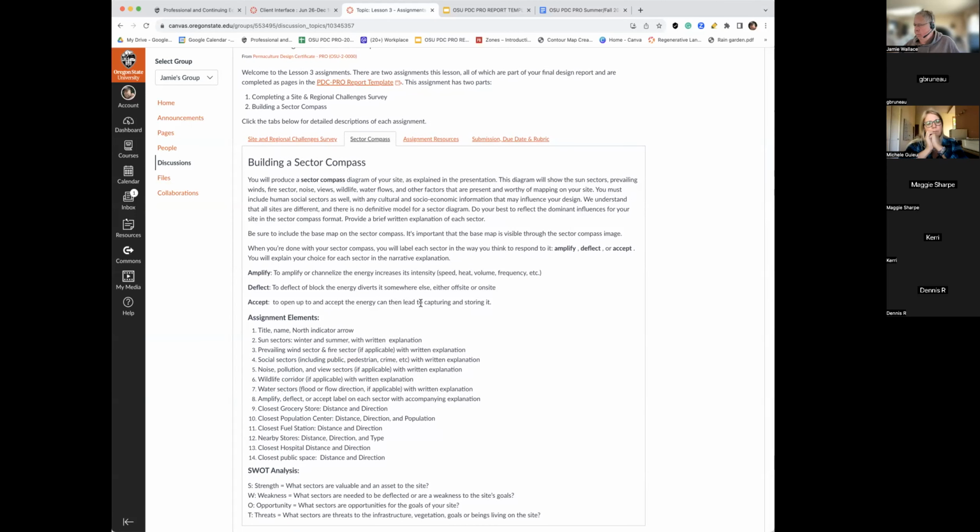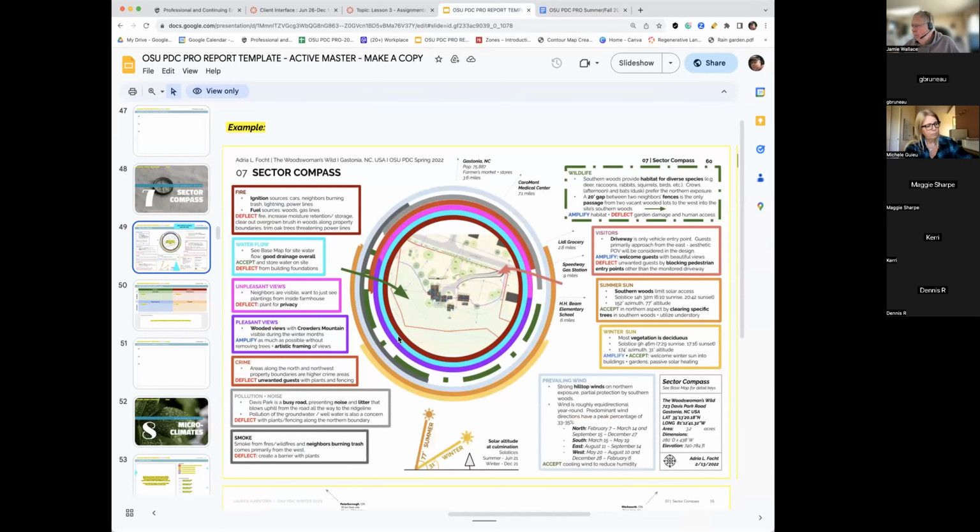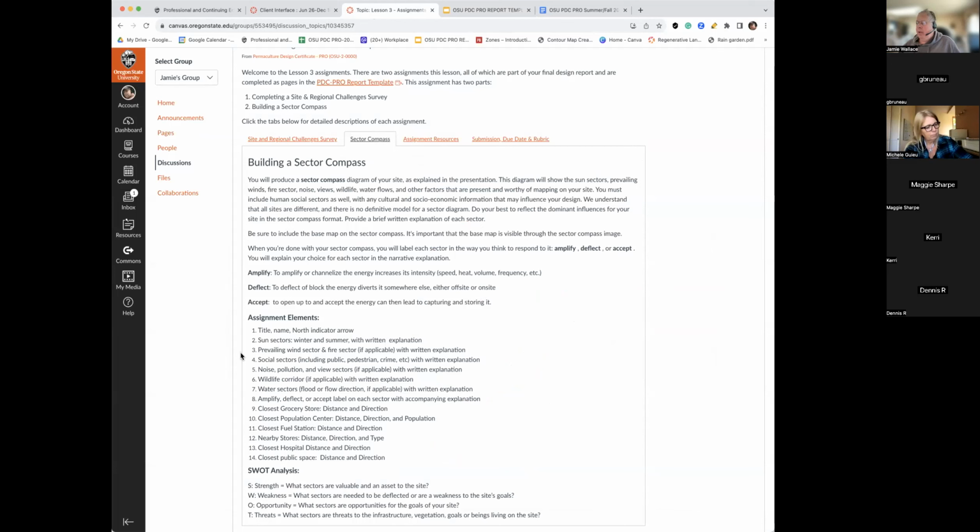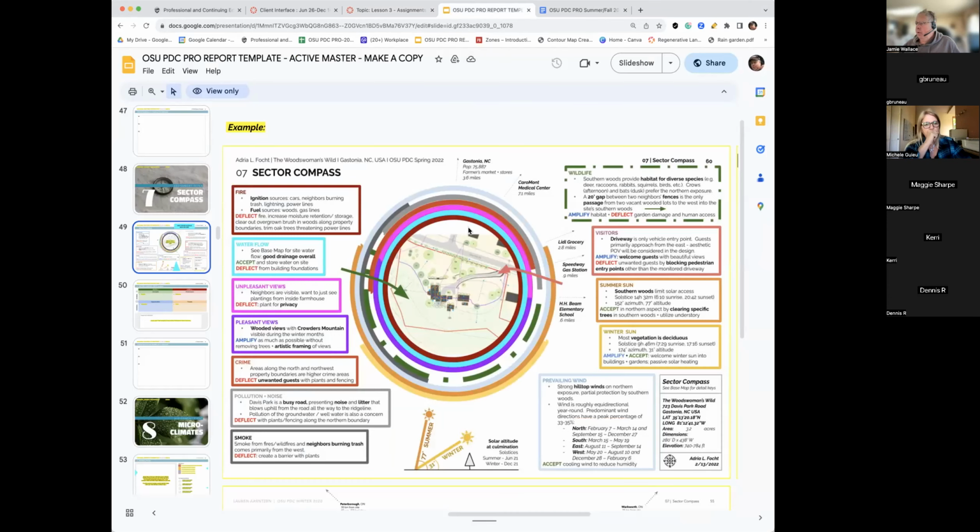Now, one thing I did not mention is one of the elements that is asked for that's sometimes forgotten, and it may be because of the template. So when we're putting this together, just consider the closest grocery store, fuel station, some of these public spaces, and drop that into the space you can see here.